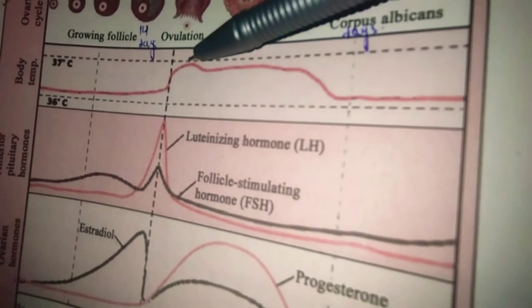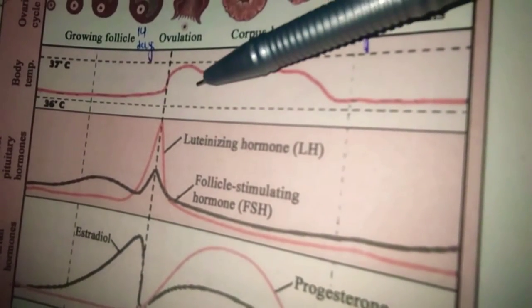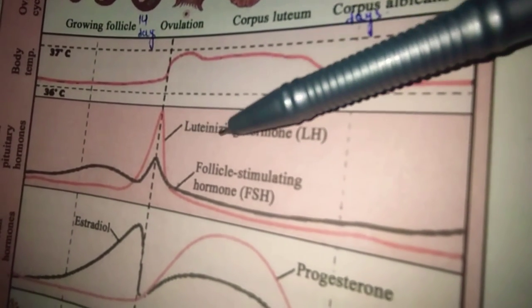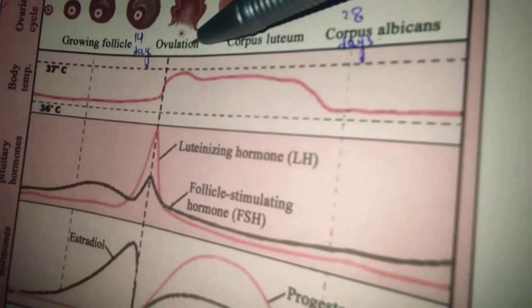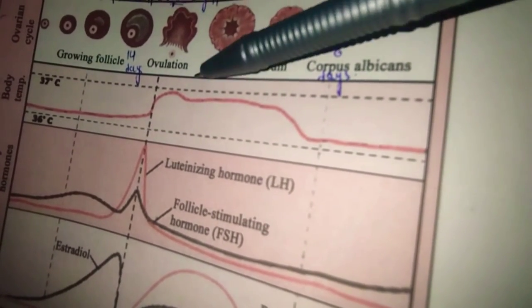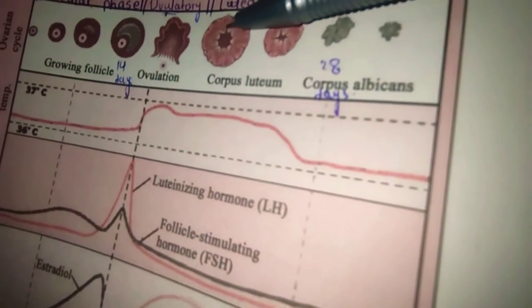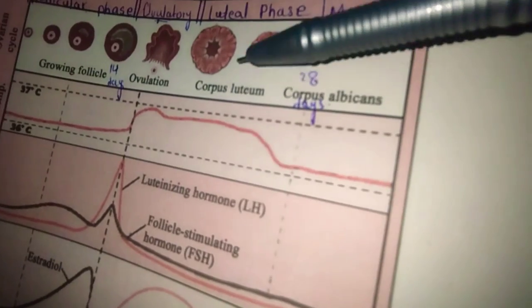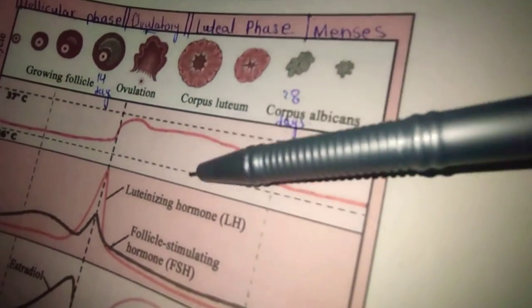Ovulation takes about 24 to 32 hours after the LH surge. Then there are two pathways for the cycle to continue, if fertilization occurs or not.